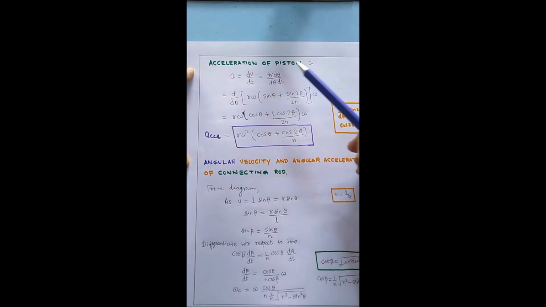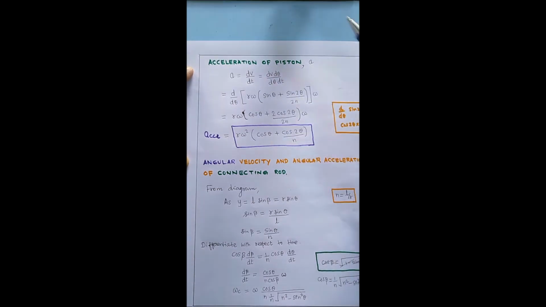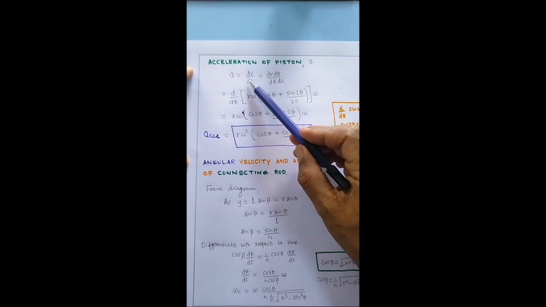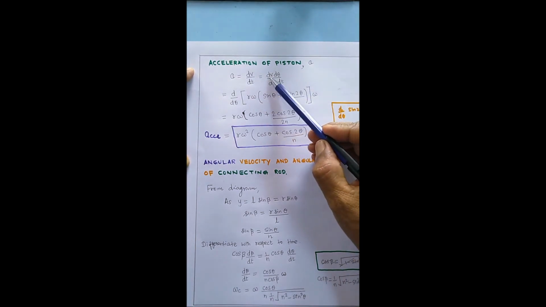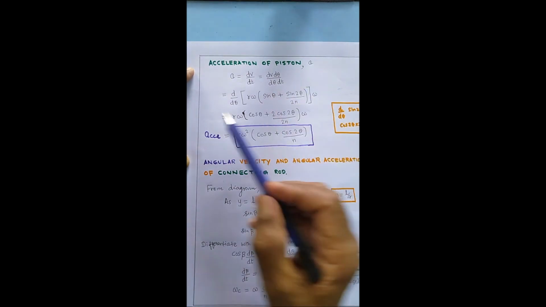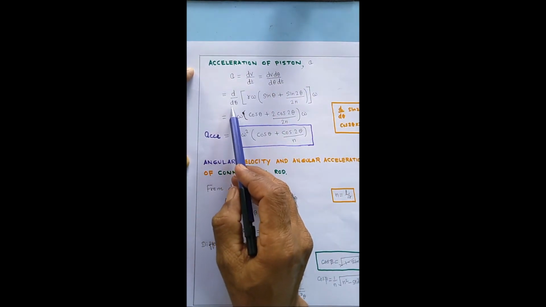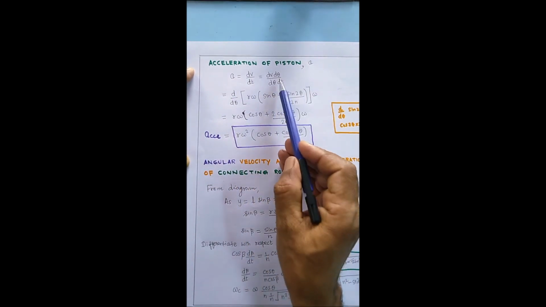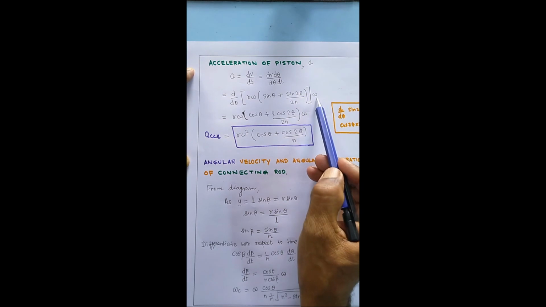Now acceleration of piston is dv by dt. We can write dv by dt as dv by d theta into d theta by dt. So d by d theta of velocity, into d theta by dt which is omega.